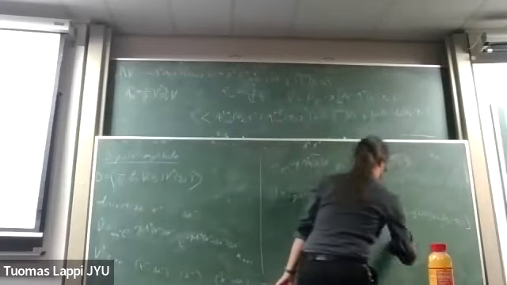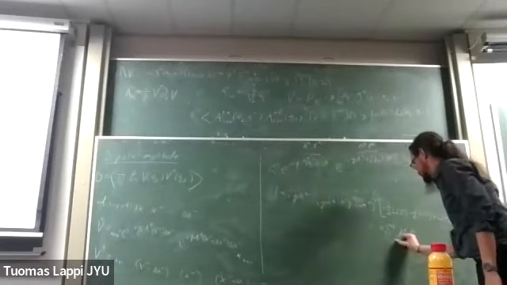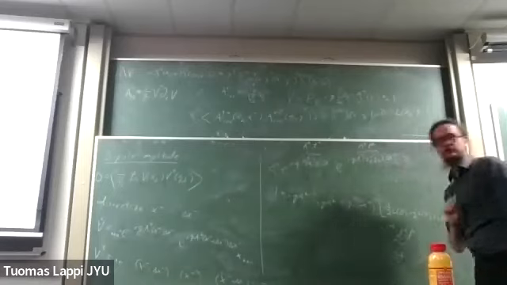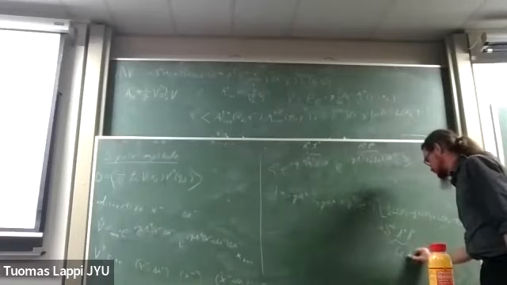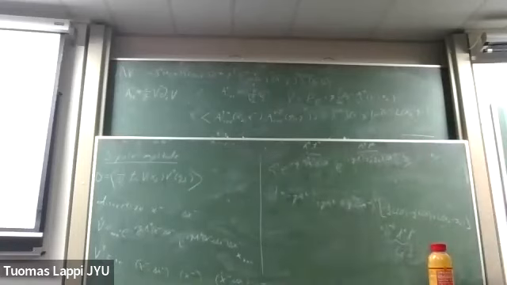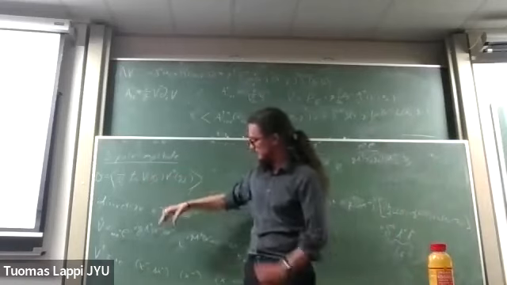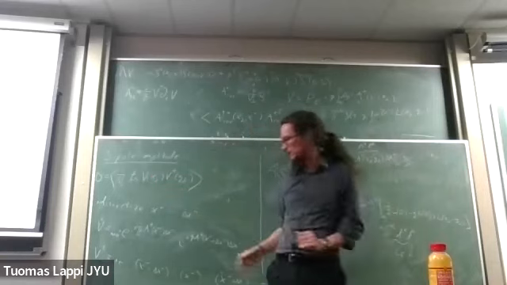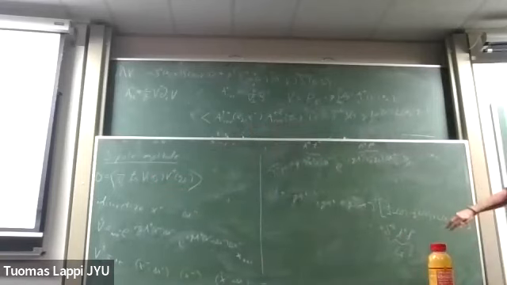These survive, so T^A T^B, which is nothing but C_F, C_F times the identity matrix. Because these are all matrices, but this is C_F times the identity matrix. And then I have expanded these V's into pieces that are multiplying each other. I do the same thing for every piece.